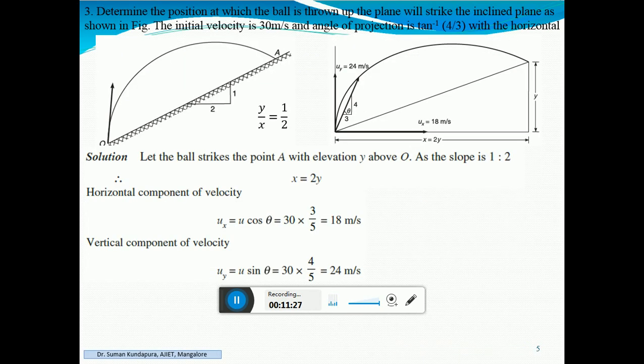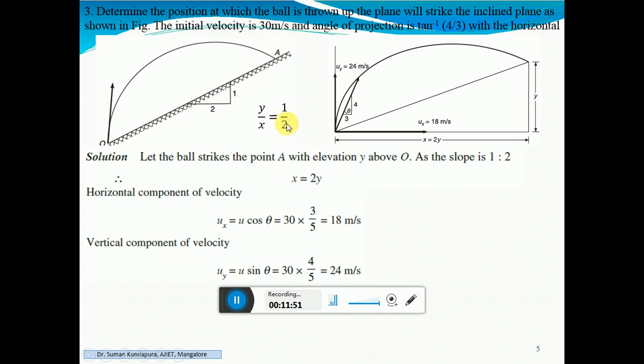Next, determine the position at which the ball thrown up the plane will strike the inclined plane, as shown in the figure. The initial velocity is 30 meters per second and the angle of projection is tan inverse of 4/3 with the horizontal.